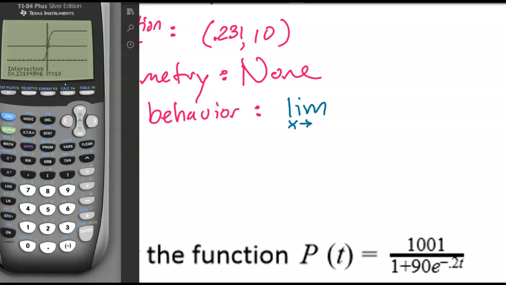So what was x approaching at first? Negative infinity. So this reads the limit as x approaches negative infinity is what? What did f of x or y approach? 0. That's how you write a limit.